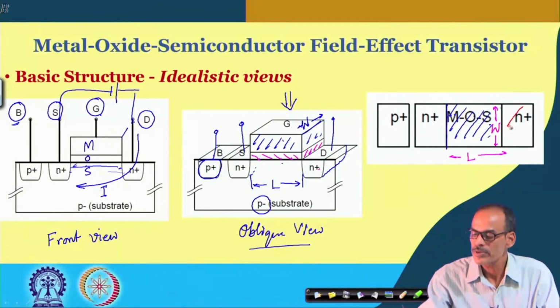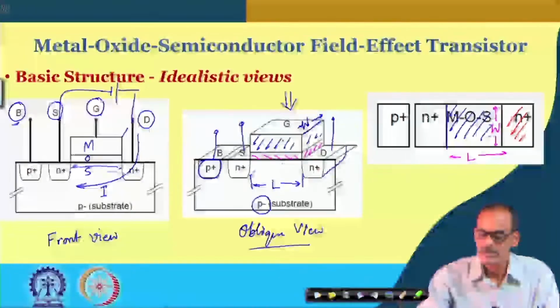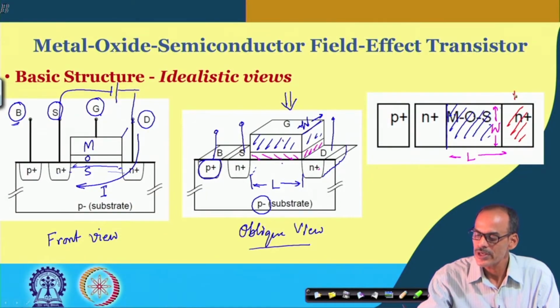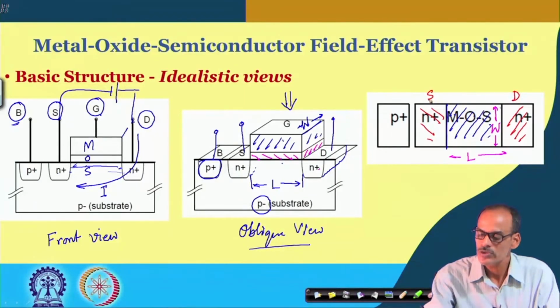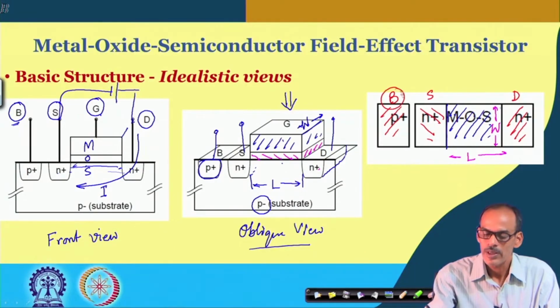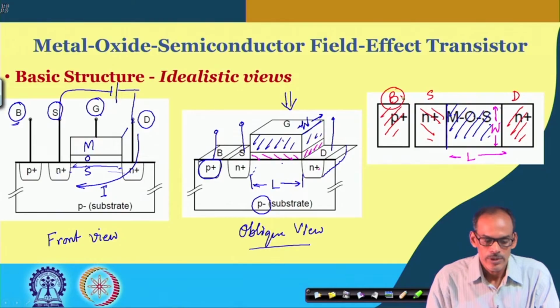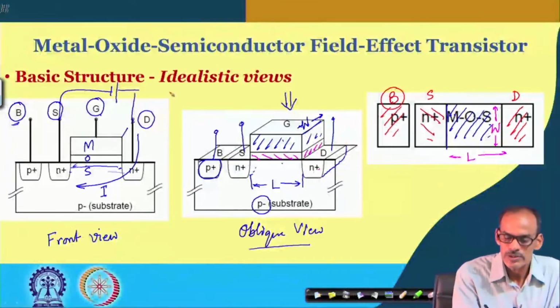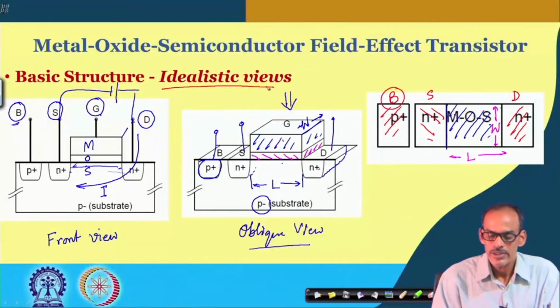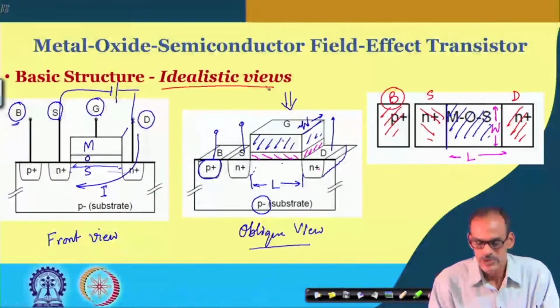So, we have one island here, in this case we call this drain, and then we have another island here, we call this source, and in the top view we have this P plus island we call body. So, that is the basic structure, and I should say this is a rather idealistic view of the basic structure. Though it is an idealistic view, most of the time we will be referring to this one.